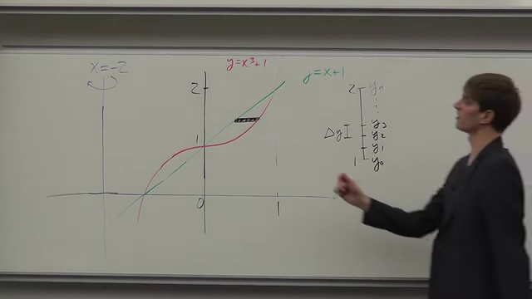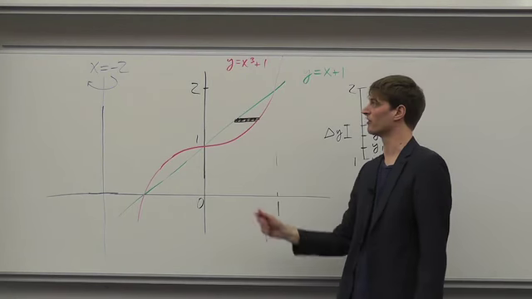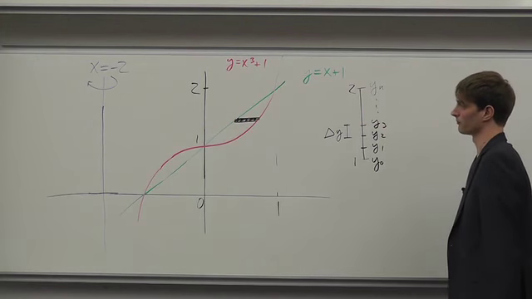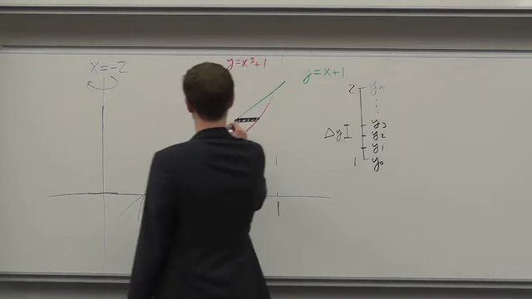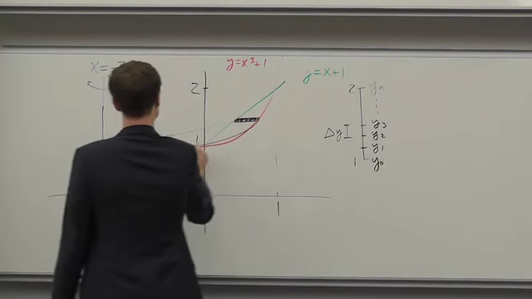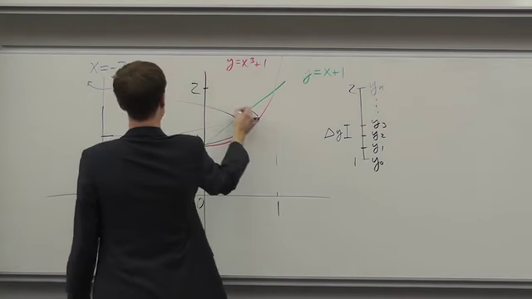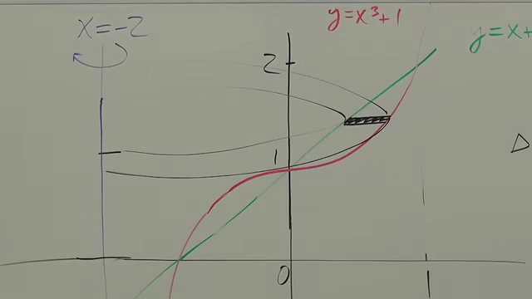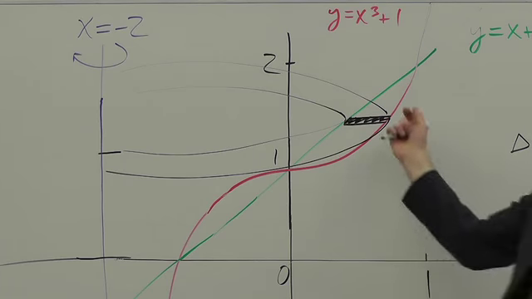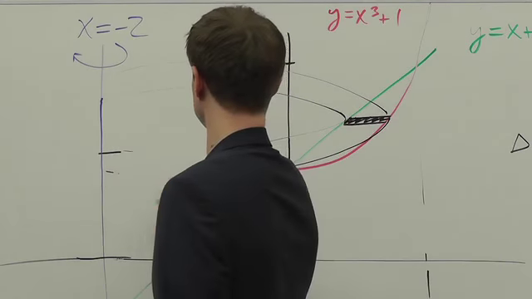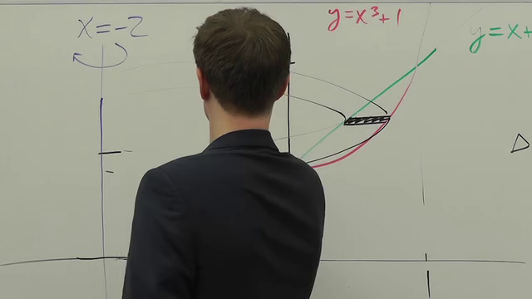Okay, so what happens to these rectangles as I rotate them around the line x equals -2? If you think about the sort of shape that they'll produce, you'll see they produce these washer shapes. Here's half of a washer being rotated around the line x equals -2.